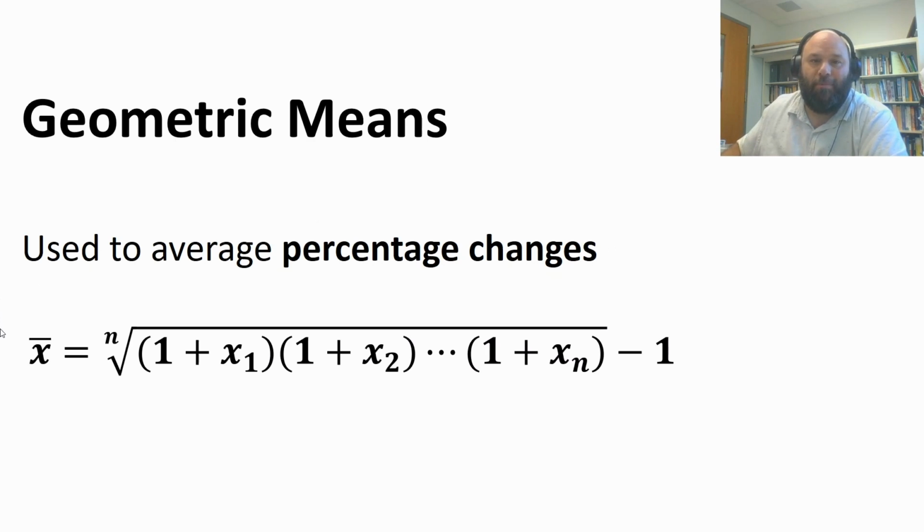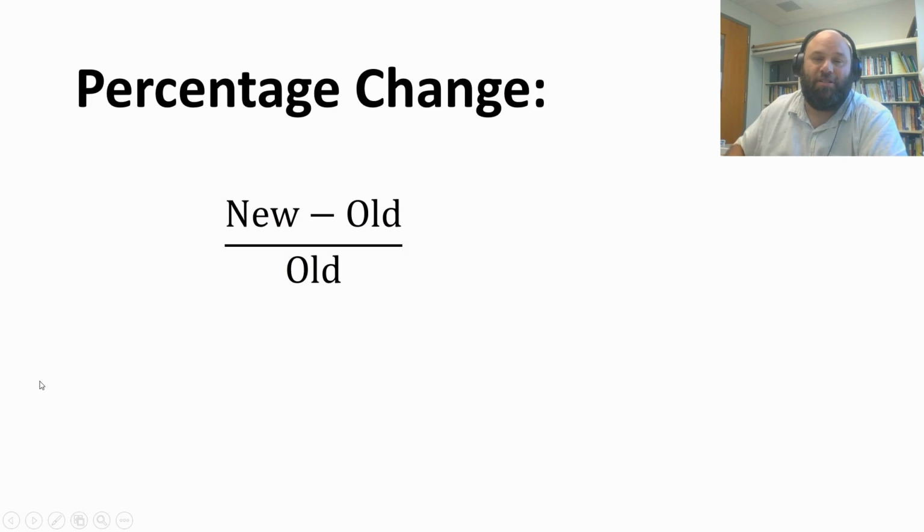So let's start by talking about percentage changes. A percentage change is a way of figuring out how much and how significant a change in a quantity is. First you find the difference between the new quantity and the old quantity, simply by subtracting. That's called the absolute change. Then the question is, is that a big change or a little change?